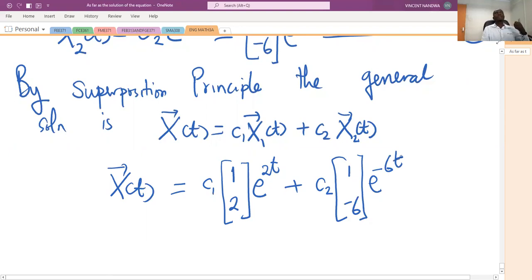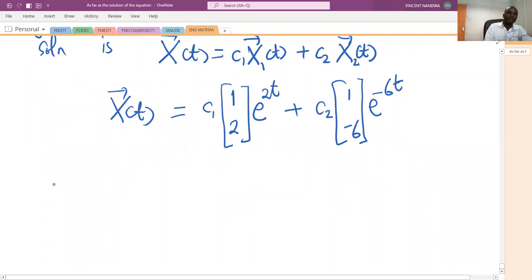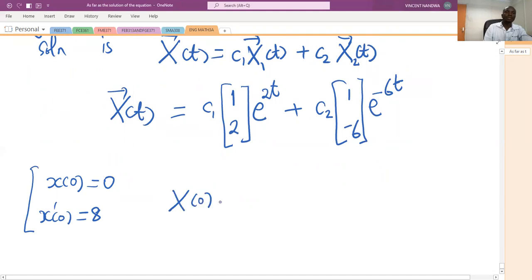If we were not given the initial conditions, then we stop at this point. But because in this question we've been told that x of 0 is given by 0 and x prime of 0 is given by 8, these two conditions in vector form will be written as x of 0, where the first row becomes the function value and the second row is the derivative of the function value.